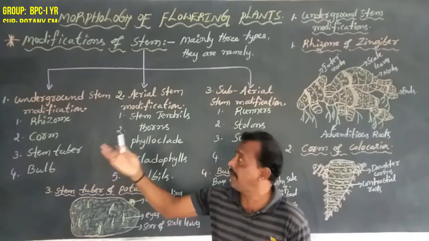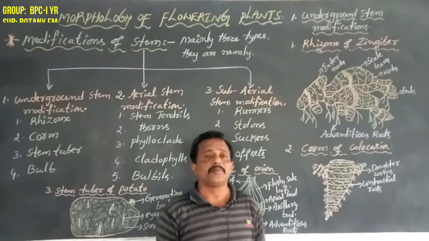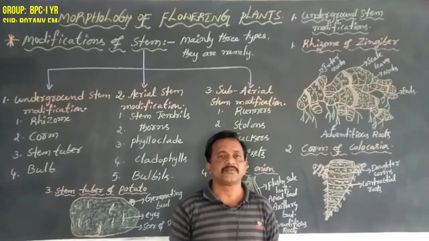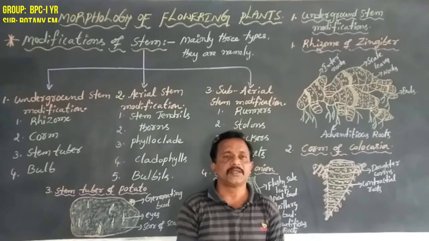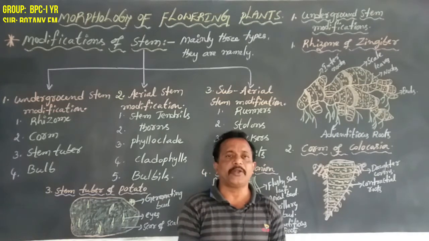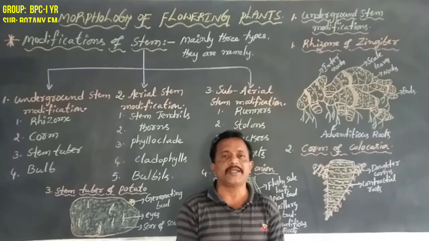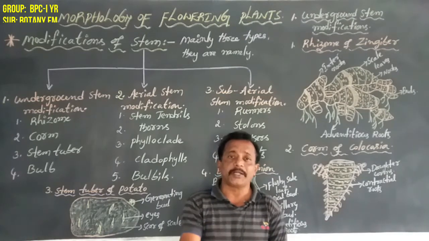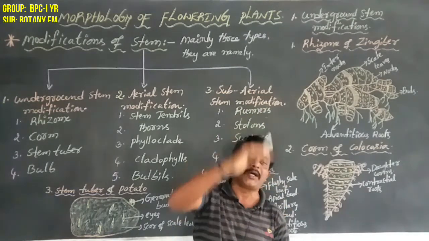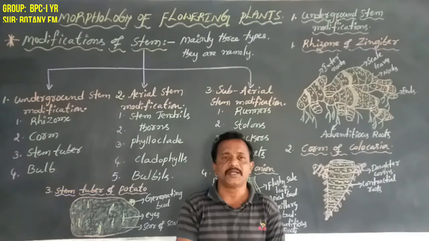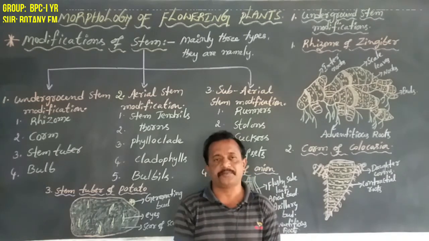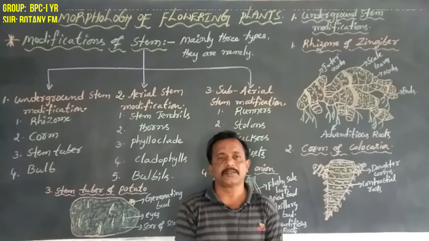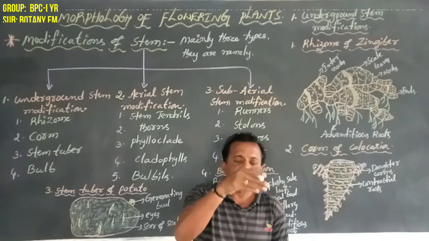What is the meaning of underground stem modification? Generally, the part of the plant body present below the soil is the root, but the part of the plant body present above the soil is called the stem.